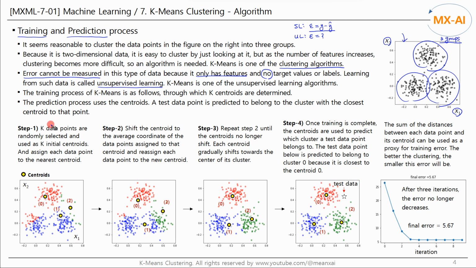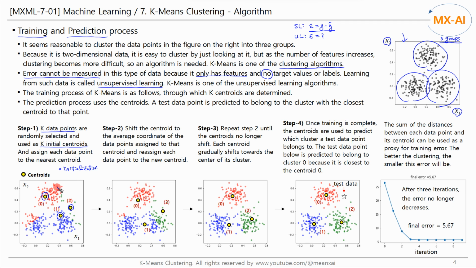In Step 1, K data points are randomly selected and used as K initial centroids, where K is the number of clusters. In the figure below, the 3 initial centroids are like this. This is a centroid initialization process. We then assign data points to their nearest centroid.